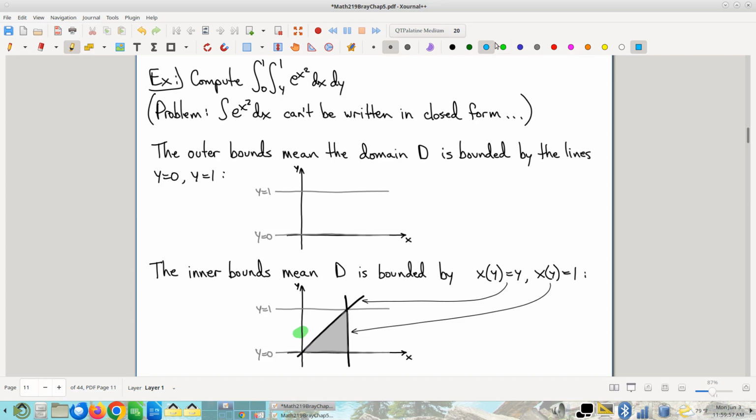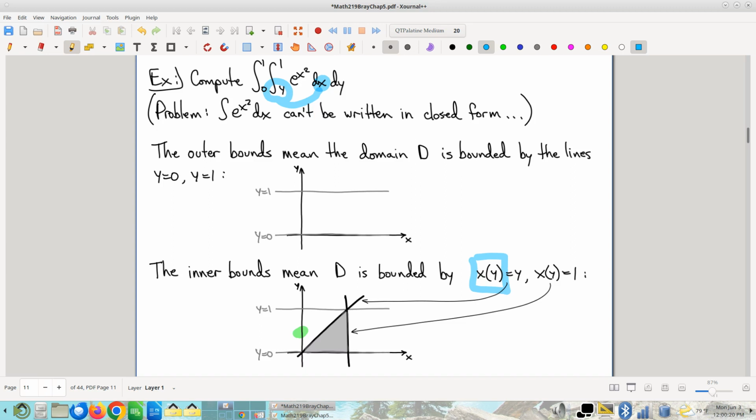question comes up, what formula gives me my lower bound for x as a function of y, right? I mean, if I write x as my inside variable, this formula is telling me how that x bound depends on y. It is telling me x is a function of y.